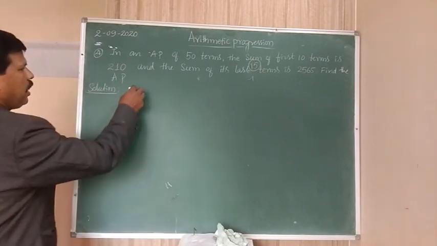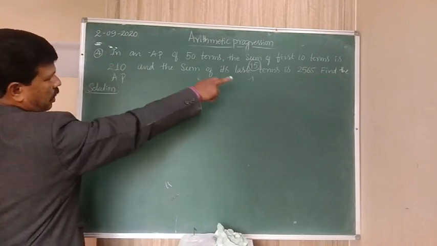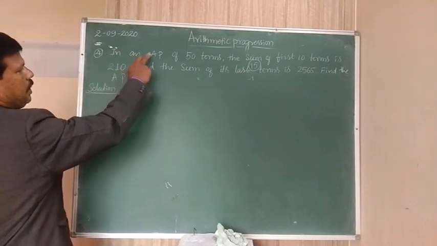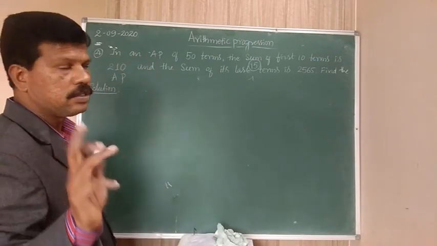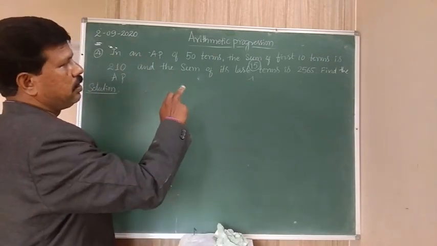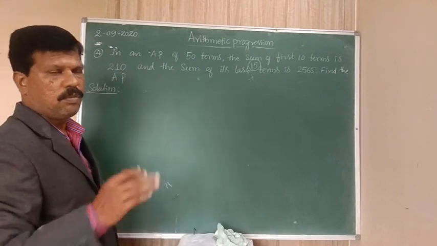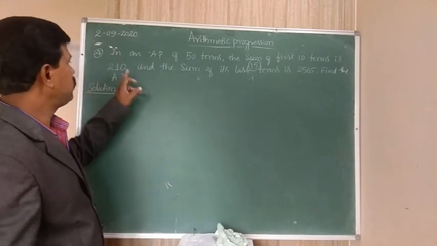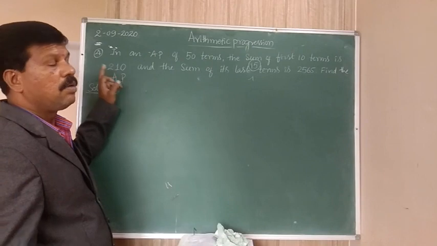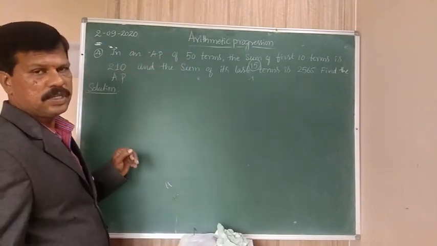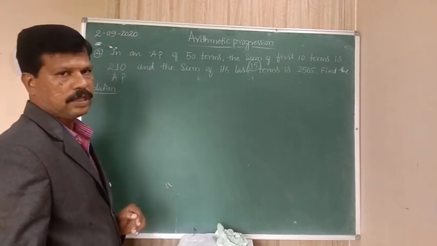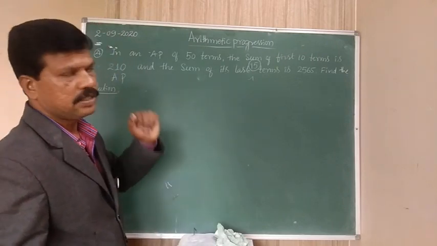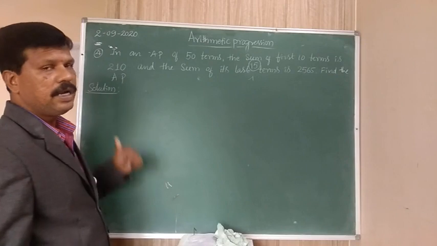Okay, for that, so I am reading once again. In an AP of 50 terms, the sum of first 10 terms is 210, and the sum of the last 15 terms is 2565. So we have to find the AP.